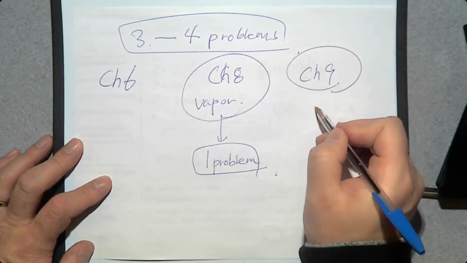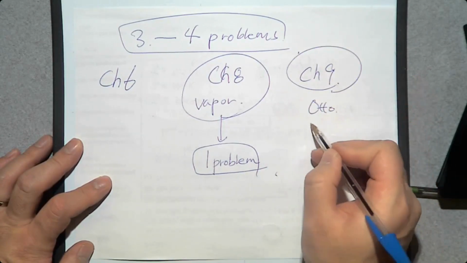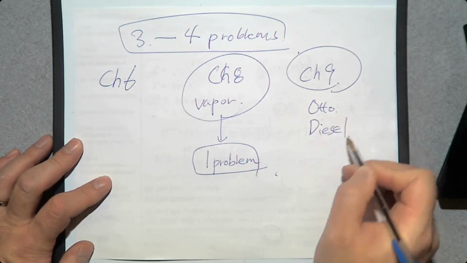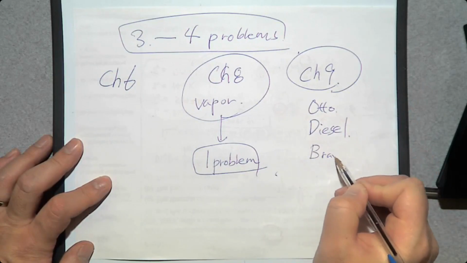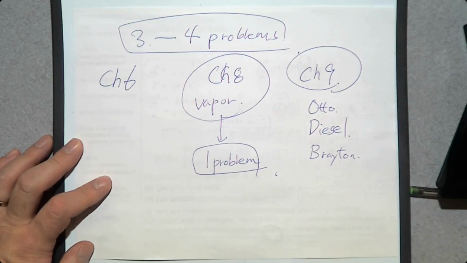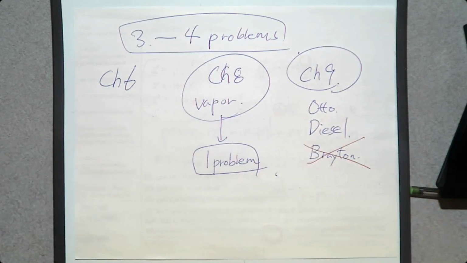And chapter 9, we studied Otto cycle, diesel cycle, and Brayton gas turbine. You won't see Brayton gas turbine in the final exam because there are too many cycles that you need to study. And I know that you have to study many, many courses, right?